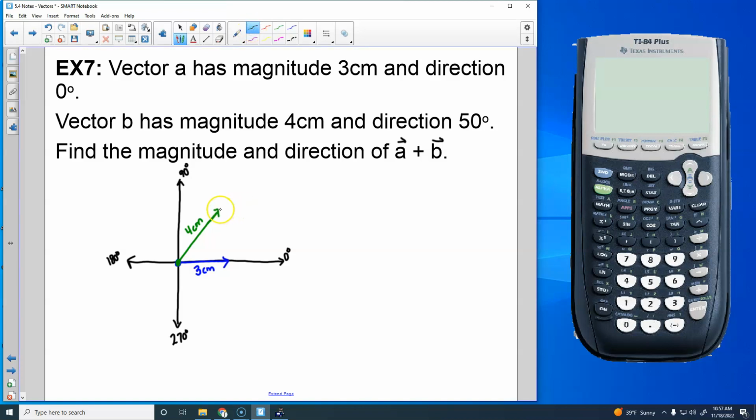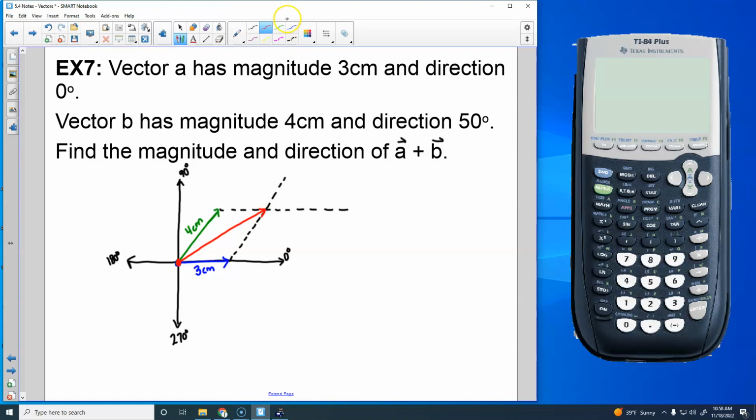So if we draw out a line parallel to the blue vector and then a line parallel to our green vector like this, it does not create a rectangle. So these are going to be a little bit trickier. We're not going to be able to use regular trig for this. We have to use law of sines and cosines.